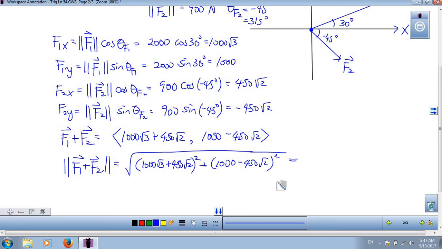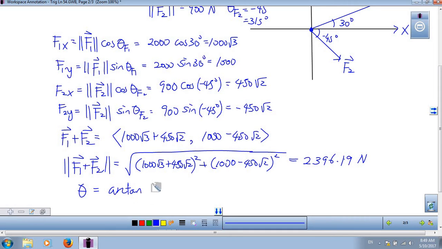Let's plug it into a calculator. So it came out to be about 2396.19 newtons. It's not quite an increase of the force. If you think about this, it's 2000 plus 900, but because they're pulling in different directions, the combined force is not that great. But what about the directional angle? Let's go ahead and use arctangent.